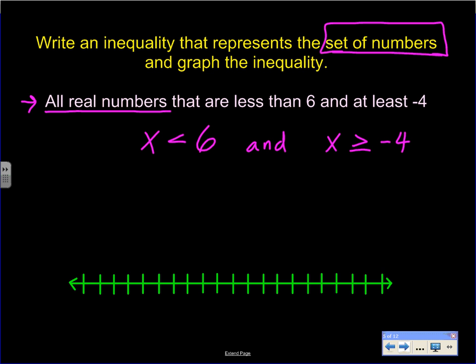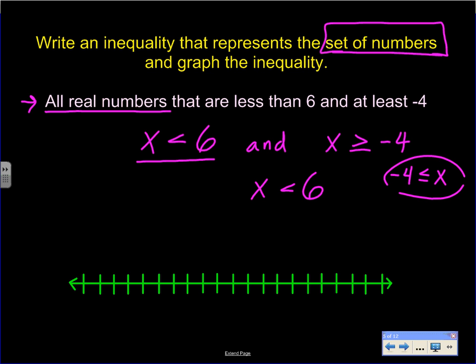Since this is an and compound inequality, we know we can write these inequalities together. X goes in the middle. This left one, X is less than 6, so we're going to put less than 6 here. And let's look at the right one. If x is greater than or equal to negative 4, we can flip this around to say negative 4 is less than or equal to x.